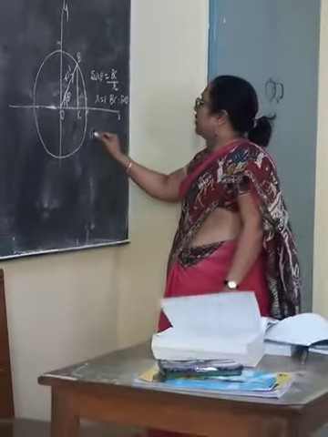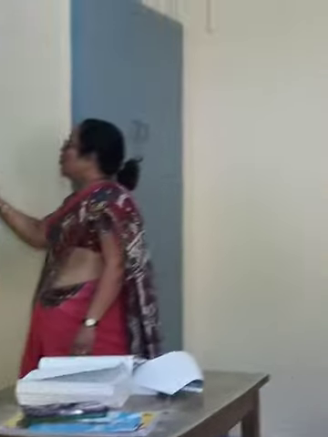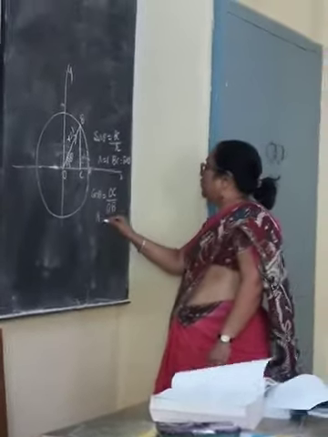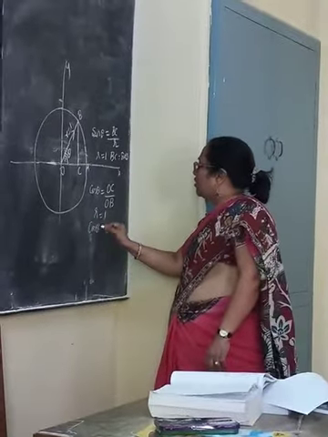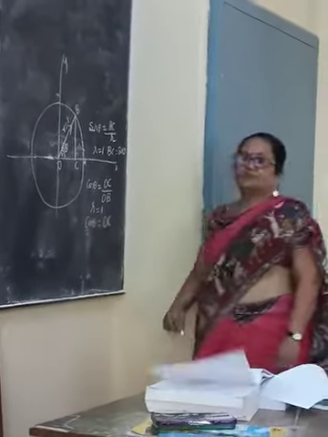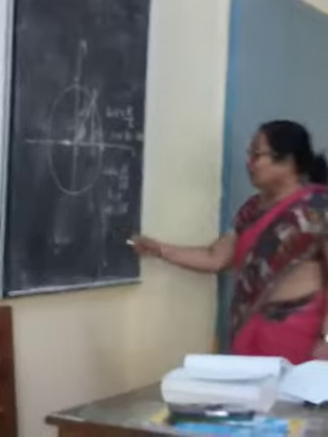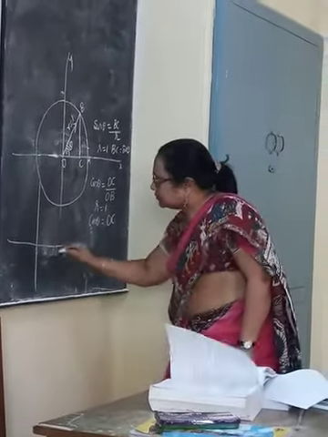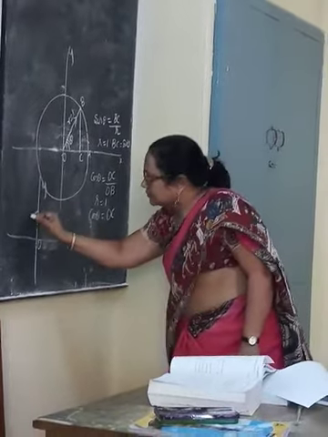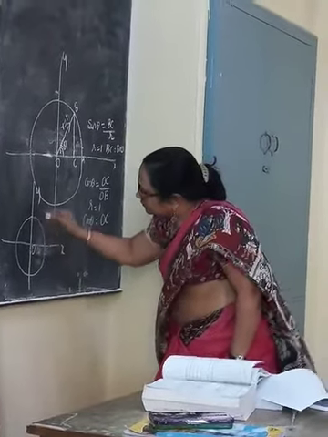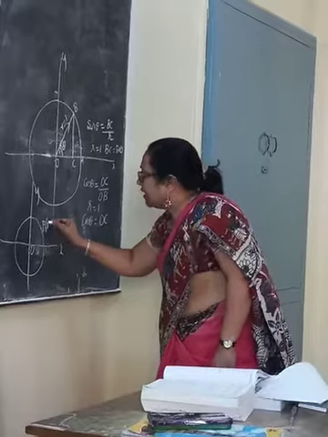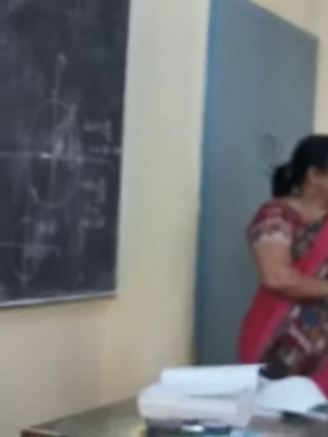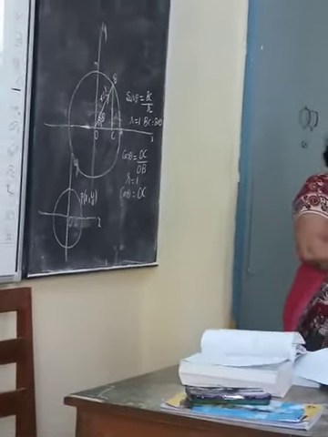Okay. Then what will be cos theta? OC by OB. If I take R to be 1, cos theta equal to OC. Right? Now, if I look at any point on the circle, I can write its coordinates as x comma y in Cartesian form. Right?